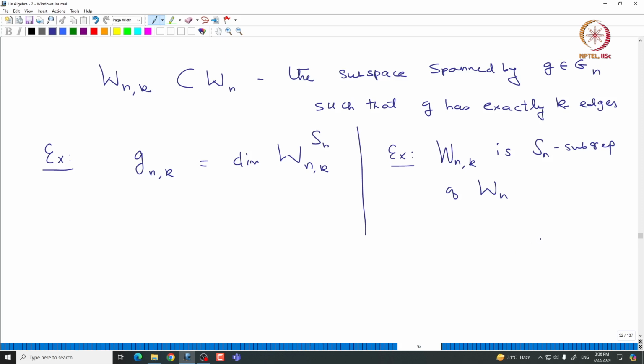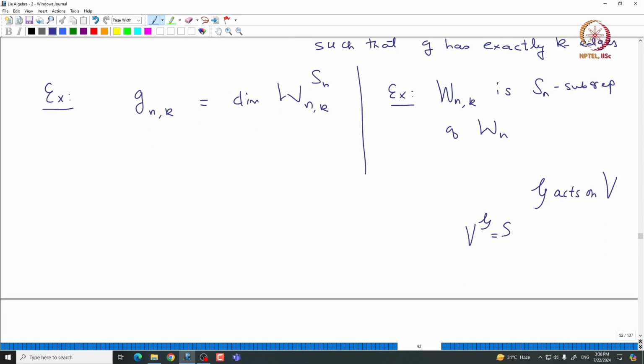Given any representation, let us say a group G acts on a representation capital V, then the fixed point subspace will be those vectors v in capital V such that gv equals v for all g in G. This is called the fixed point subspace. For example, all these things naturally appear in the orbit stabilizer theorem and so on. So we have this natural identification.